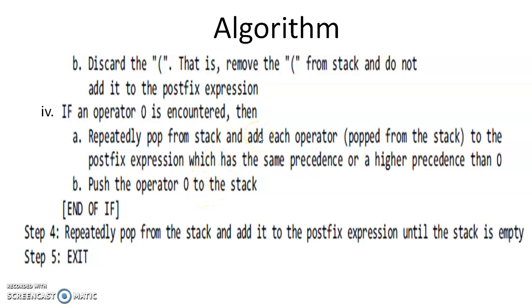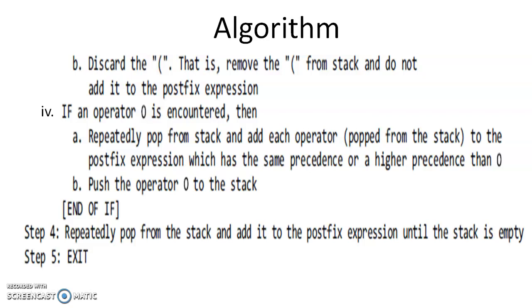Otherwise, we are repeatedly popping from the top of the stack and we are adding it at the end of the postfix expression. So these are the 4 cases that we are having. And at the end, we are doing this particular activity until the stack is empty. Once the stack is empty, we are printing that postfix expression. These are the steps that we are having.